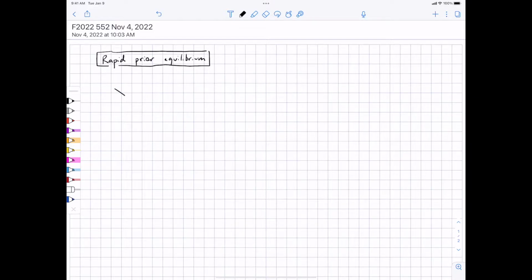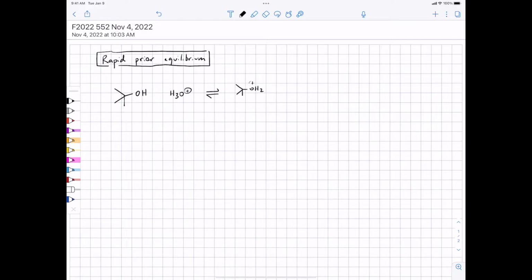So let's imagine we have this alcohol and we're going to do a substitution reaction, but first we need to protonate the alcohol.